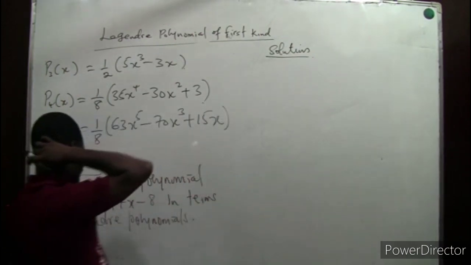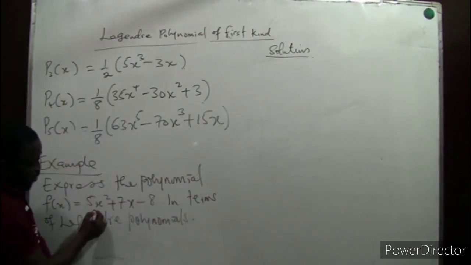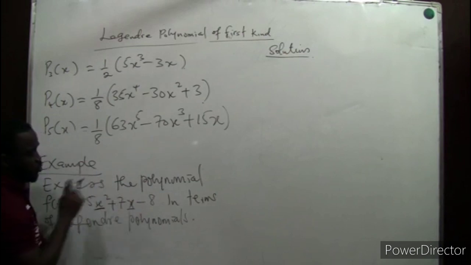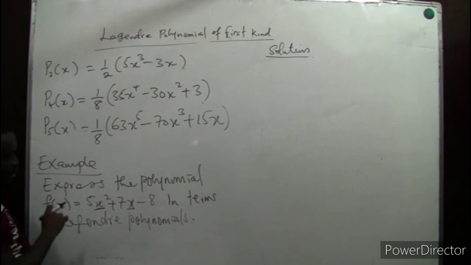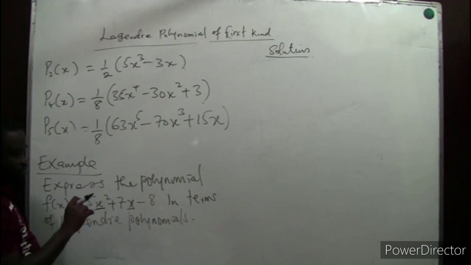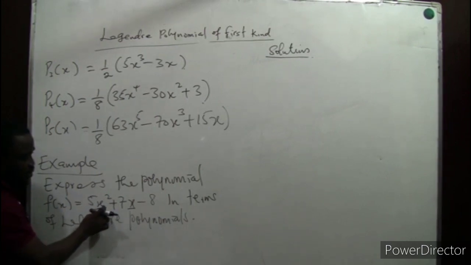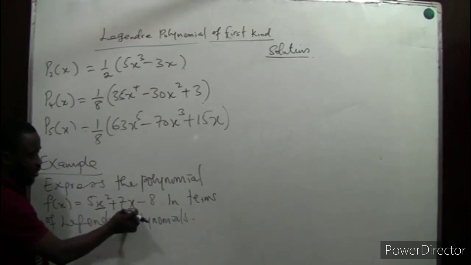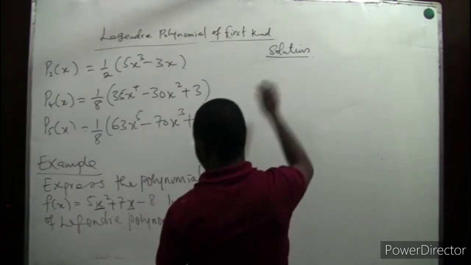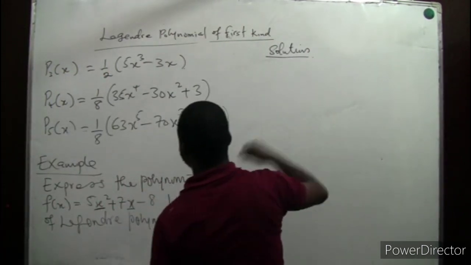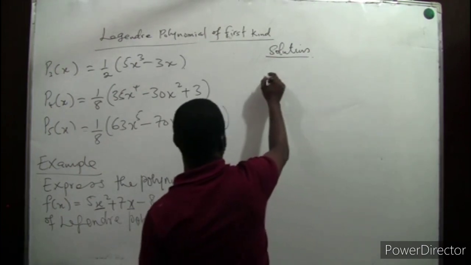It's not difficult. We have x squared, we have x. So what we are going to do is to look at Legendre polynomials and look at those ones whose leading variable is x squared, the leading variable is x, and the last one is a constant. Of course, where we have x squared as leading is in P2.